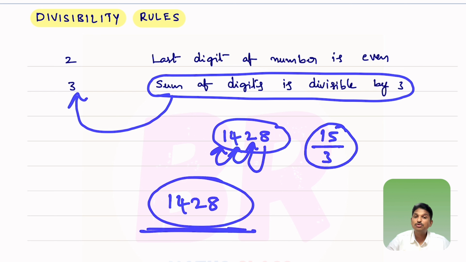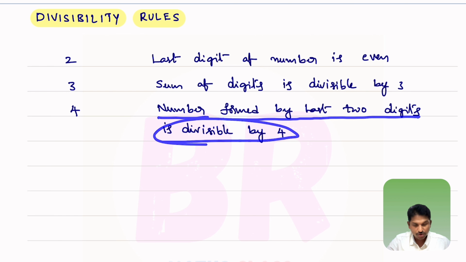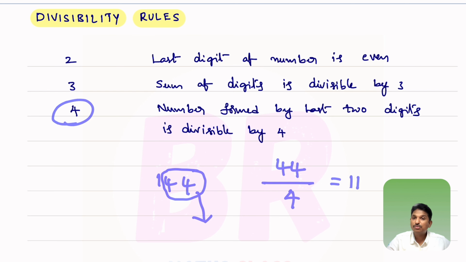Divisible by 4. When we say a number is divisible by 4, number formed by the last two digits is divisible by 4. For example, 144 is there. Is it divisible by 4? Last two digits are what? 44. 44 is divisible by 4. Yes, 44 is divisible by 4. So, 144, 100% divisible by 4.